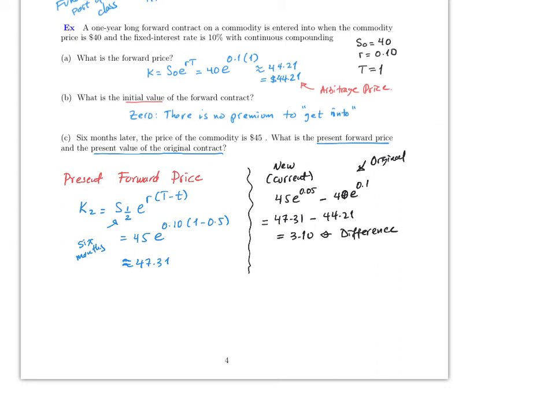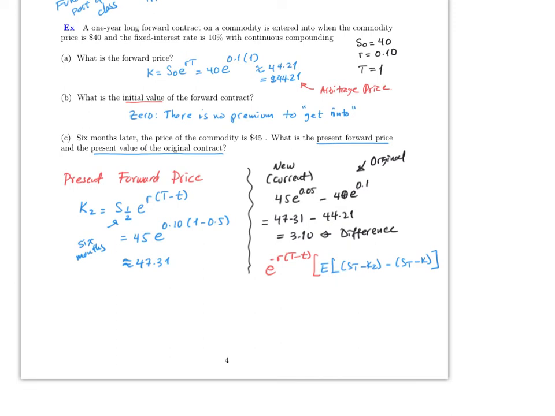So now if you want to find the present value of the original contract, remember you had to do the discount. So in this case, this will be e to the minus r(T minus t), and then the expected value of (ST minus K2) minus (ST minus K), which is what we did here.